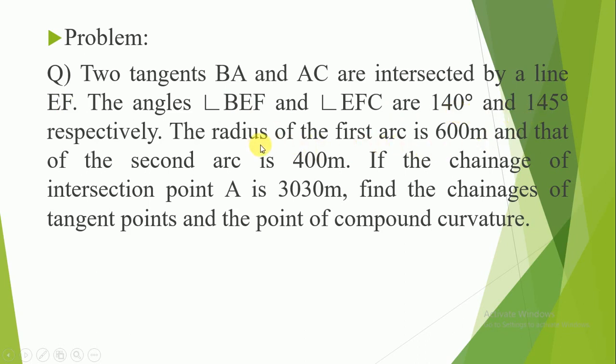They have also mentioned that the radius of the first arc is 600 meters and the radius of the second arc is 400 meters. So the longer curve is on the left hand side and the shorter curve is on the right hand side. Also they have provided the chainage of intersection point A, and they have asked to find the chainages of the tangent points, that is your chainage of T1 and T3, and the point of compound curvature, which is our intersection point T2.